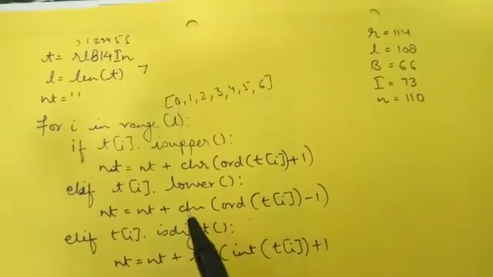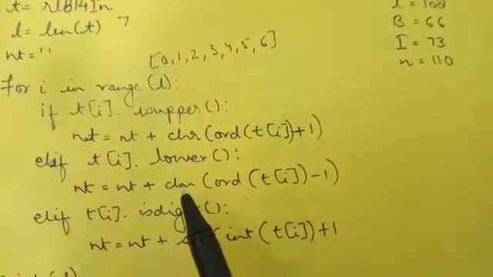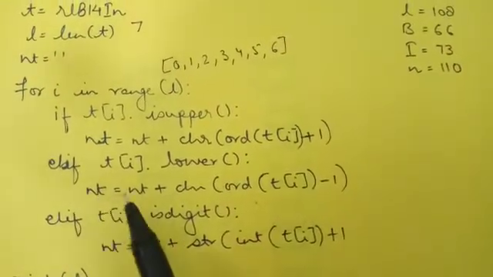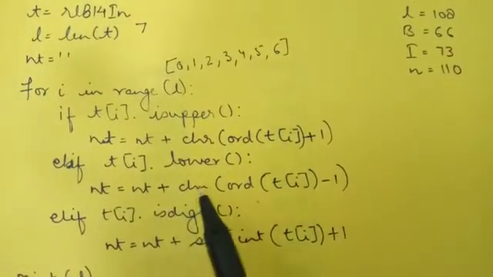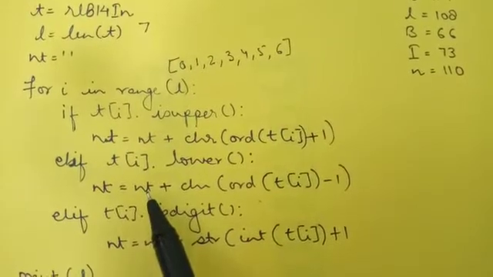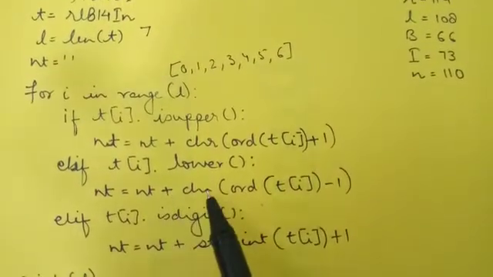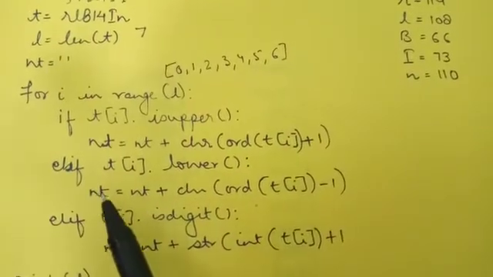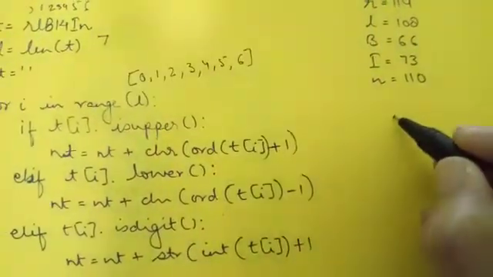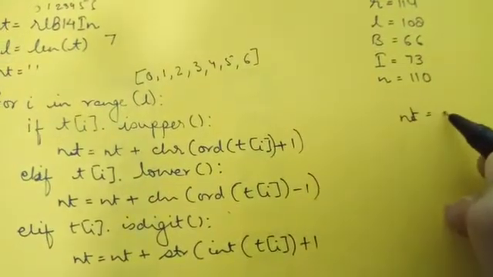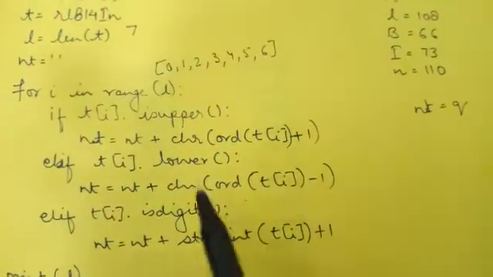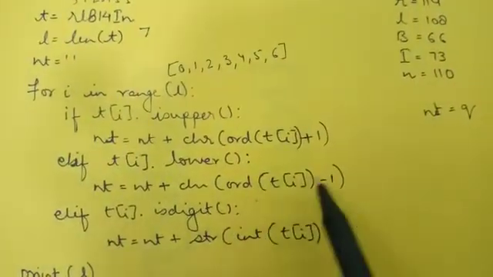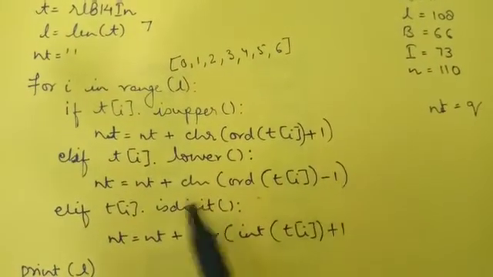Okay, so the char will return the q, small q here. Now the statement is nt equals nt plus q. As you know, the nt is empty, so empty plus q. So the first value which will move into nt is what? Q. Okay, because it is empty, nothing is here, and then this is returning us small q.